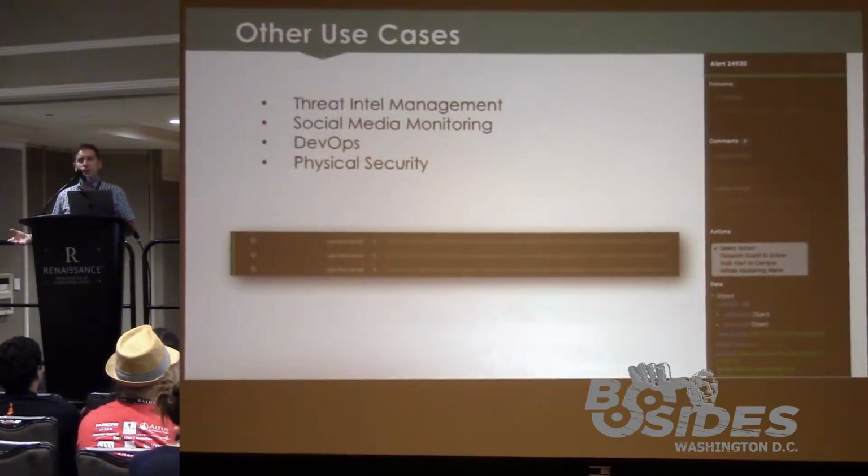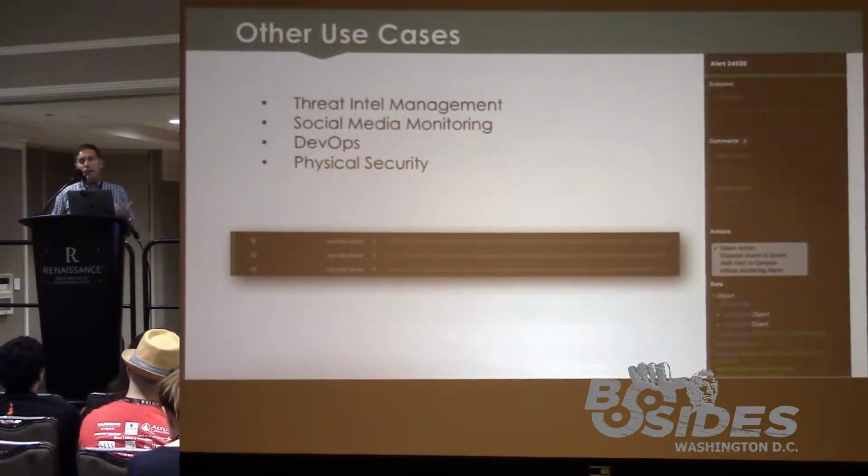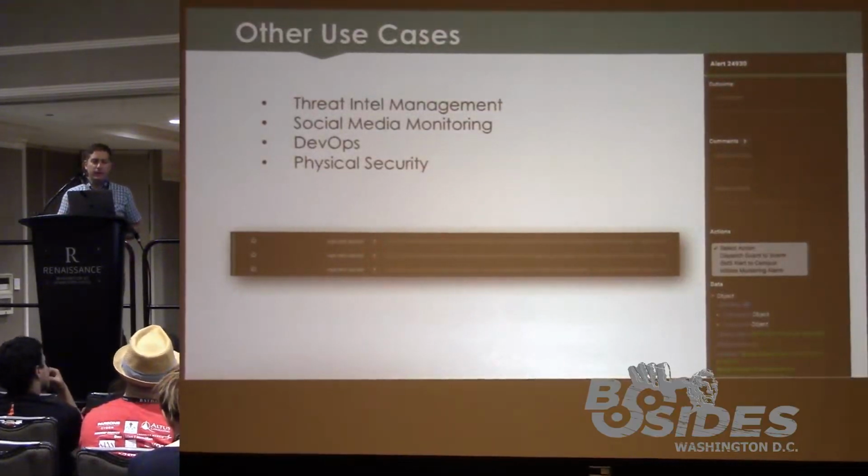How do we tie this into access control systems and cameras that have metadata and alerts that can go off? Also, if we see other types of alarms that we want to take action on, we can create different actions that could be called into other tools that we have.